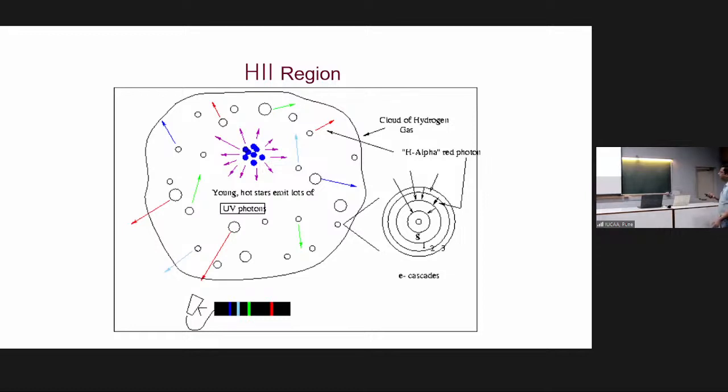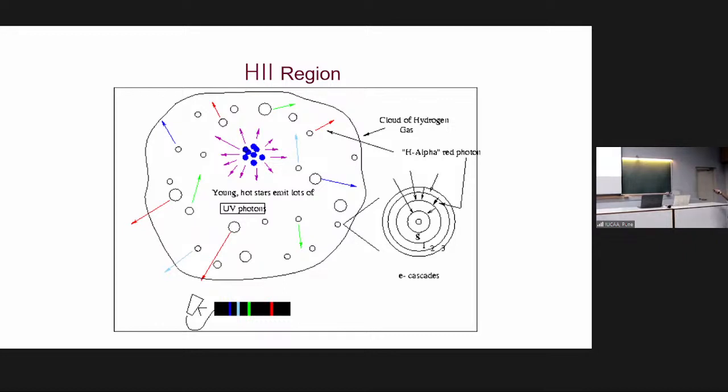So hydrogen is ionized in the H2 region, and the ionized hydrogen recombines with an electron. The recombination leads to formation of a hydrogen atom again, but that atom is not in the ground state; it is in an excited state, and the transition from the second excited state to the first excited state leads to the emission of H alpha photons, which are red in color.